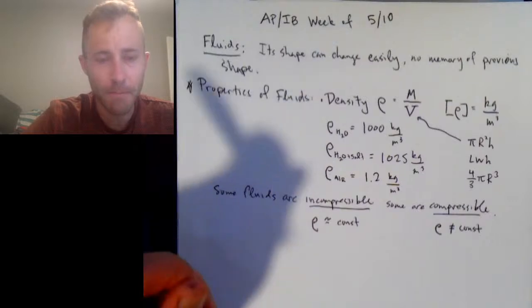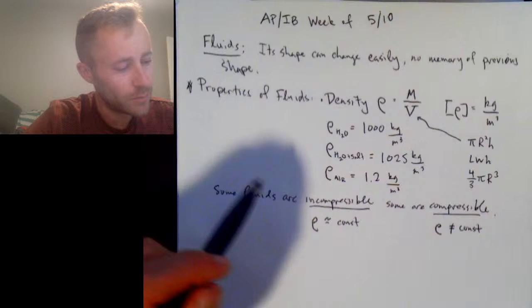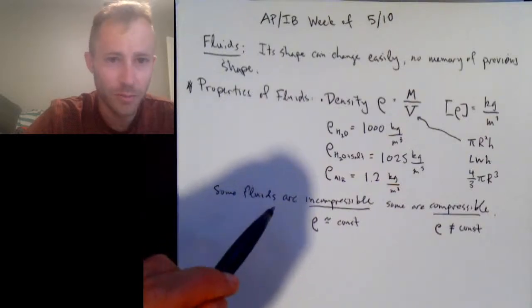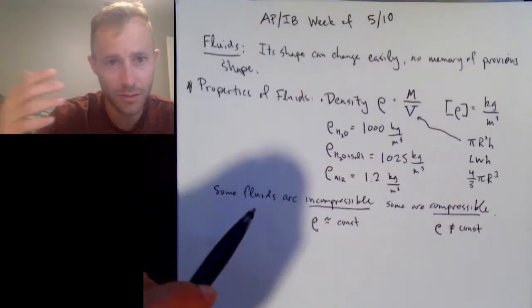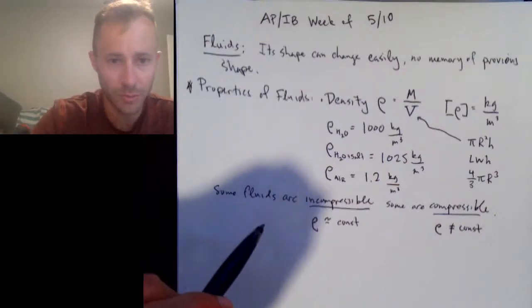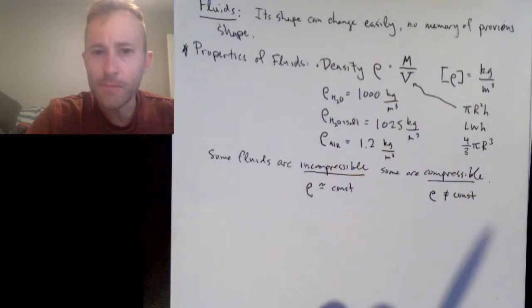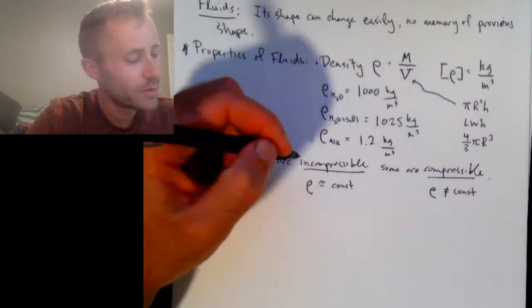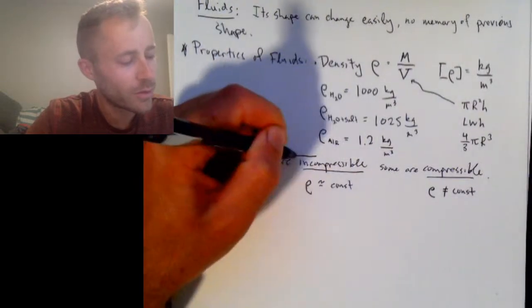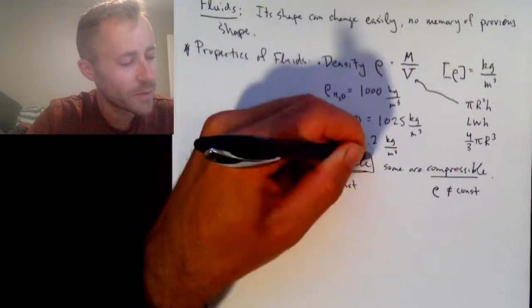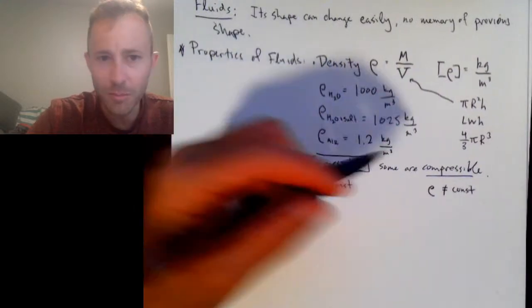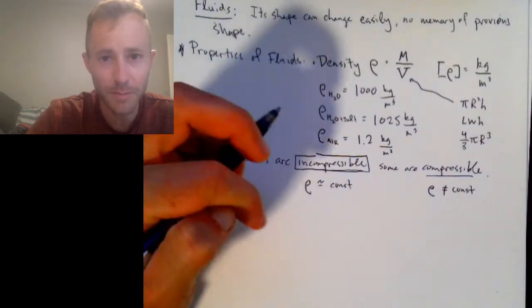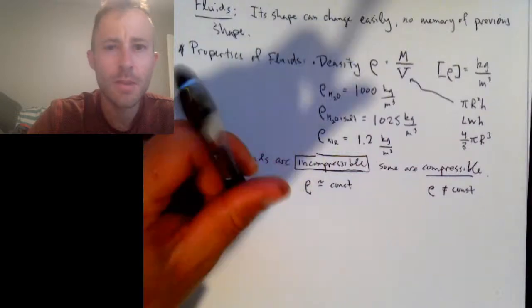So really, the only time that the compressibility of air becomes significant is when you get into that supersonic range of speeds. So we are going to be dealing entirely with incompressible fluids. As you can imagine, for compressible fluids, the theory is a lot more complicated.